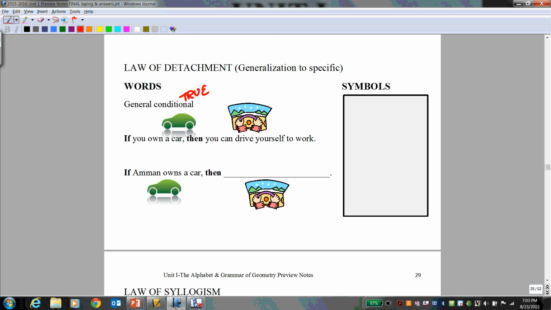Here's one. If you own a car, then you drive yourself to work. Start with that true statement. If you own a car, then you drive yourself to work. So we're going to start with the conditional. If P, then Q is true.